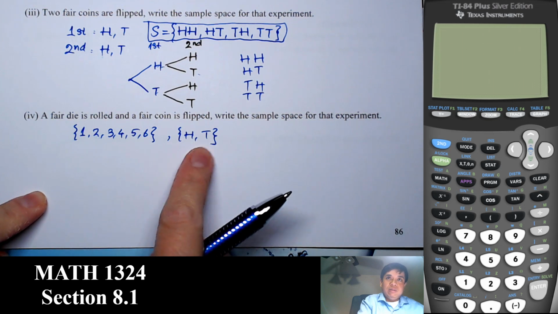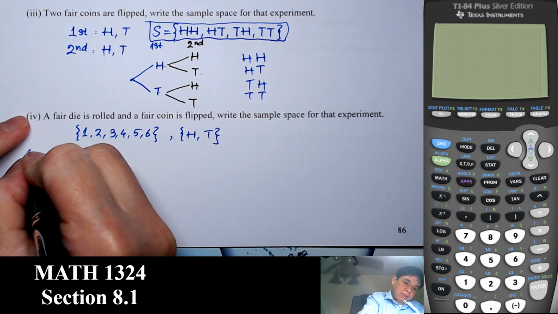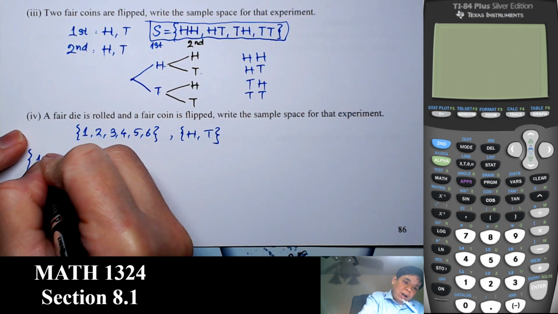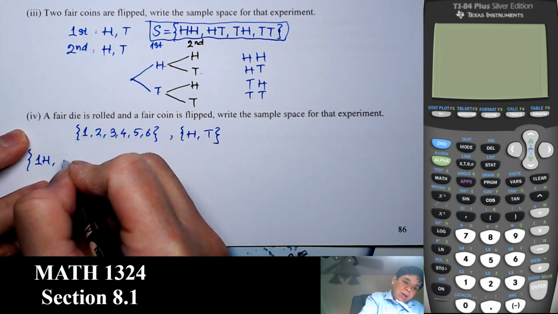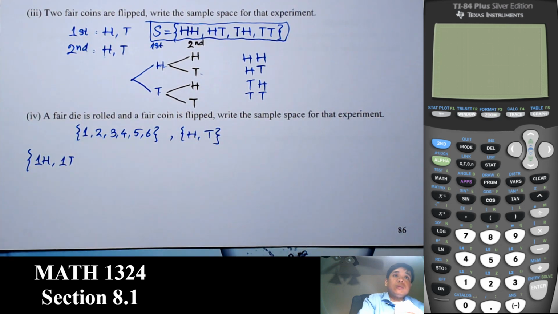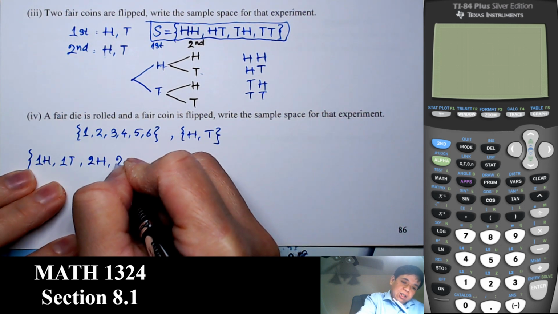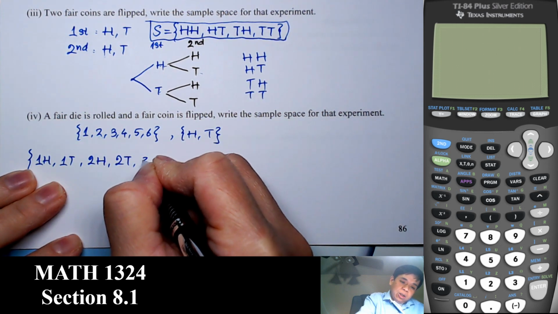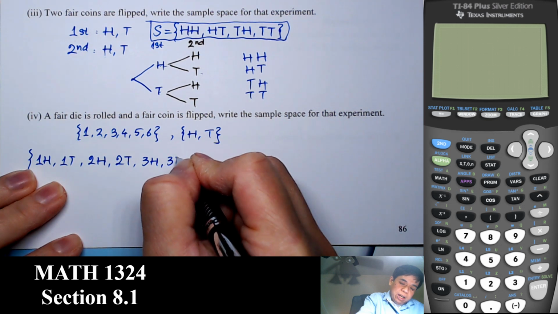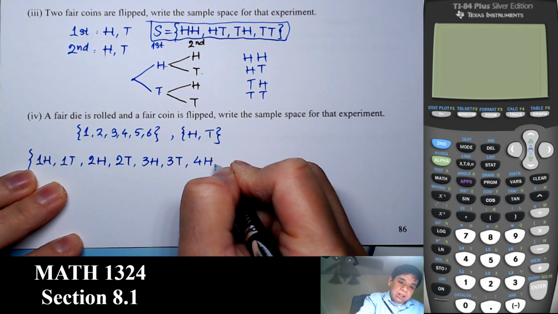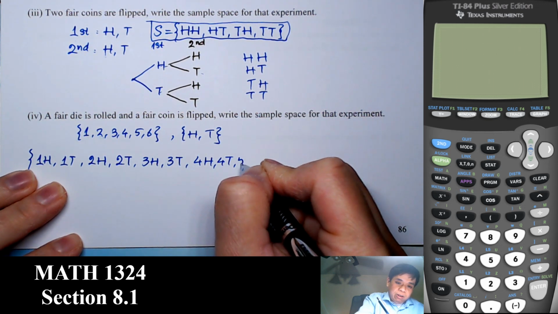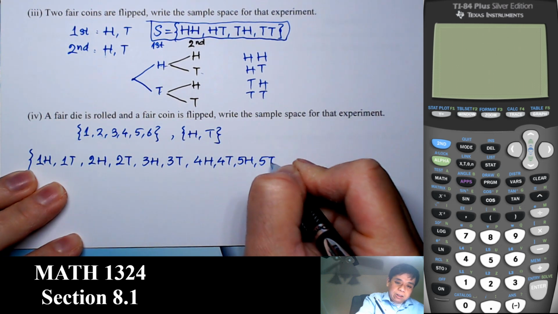Let's say we may have 1 in head and 1 in tail. Then we have 2 in head, 2 in tail, 3 in head, 3 in tail, 4 in head, 4 in tail, 5, 6.